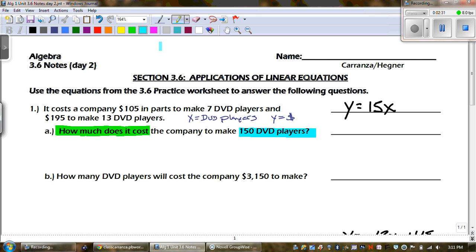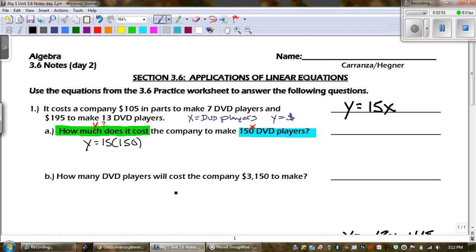If they're saying how much, they want to know what's the Y, and this right here is our X. So we're going to plug into the equation y equals, and we're going to plug in 150.